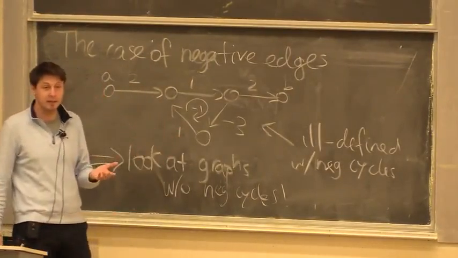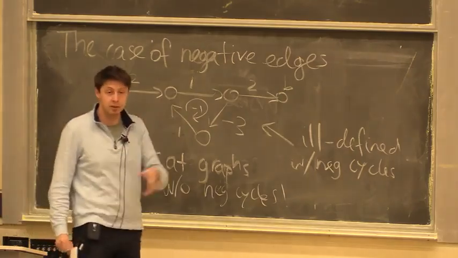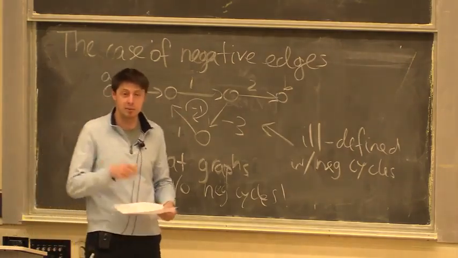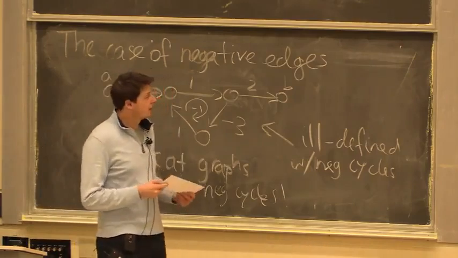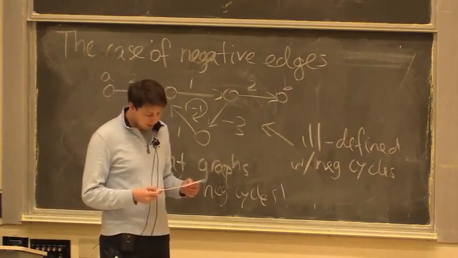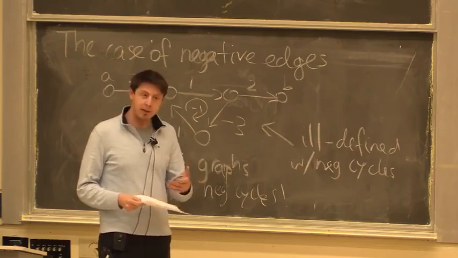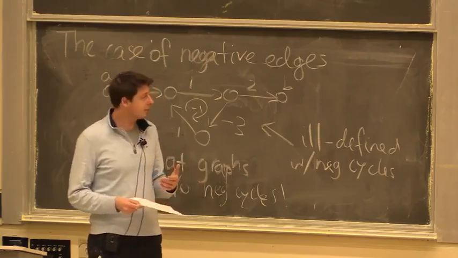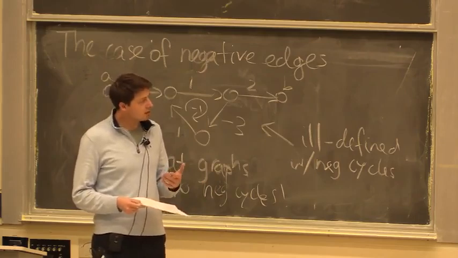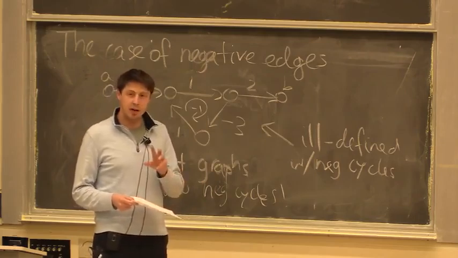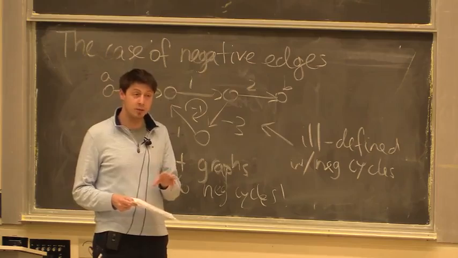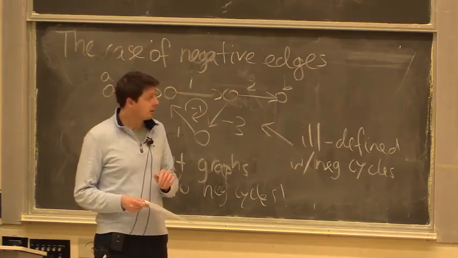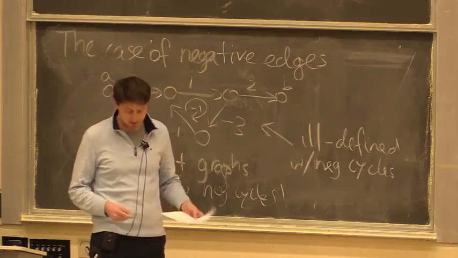But when you have a messy graph, who knows? It might just be some weird grand tour that happens to sum up to something negative. So next time, we'll look at how we detect negative cycles. We'll also look at how we deduce shortest paths on DAGs, which is another nice class. And then we'll move on to other things from there.